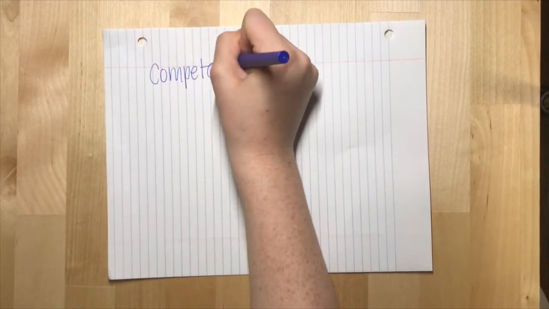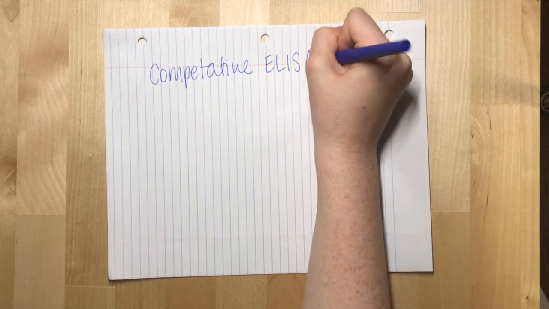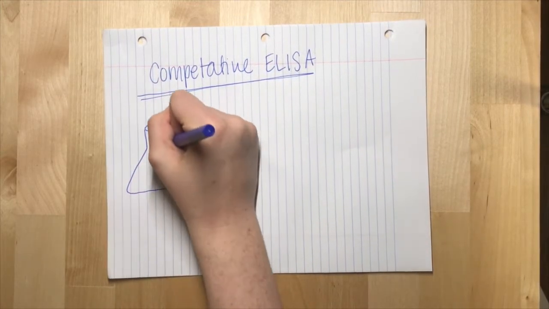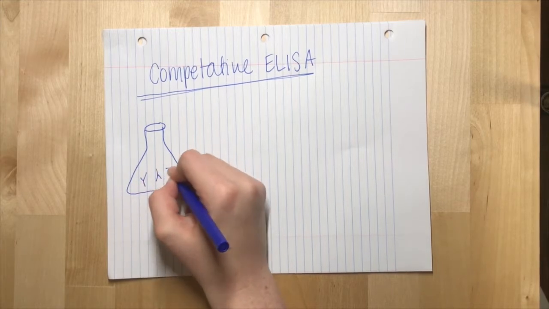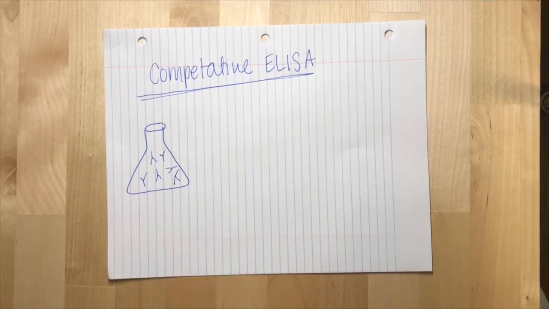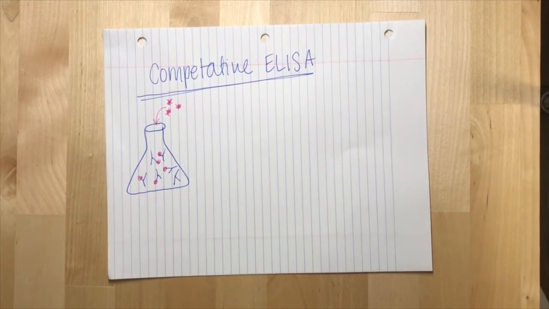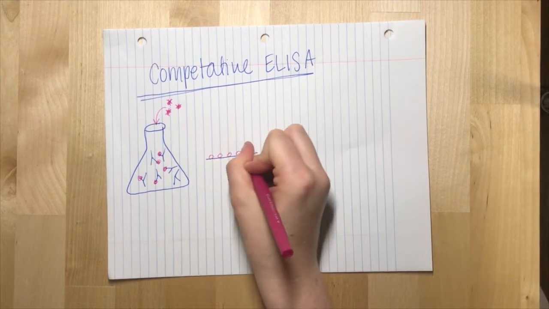The final technique to look at are competitive ELISAs. You begin by incubating unlabeled antibodies with your sample of antigens. While the antigen and antibodies are binding, you are also going to coat a plate with the same antigen.